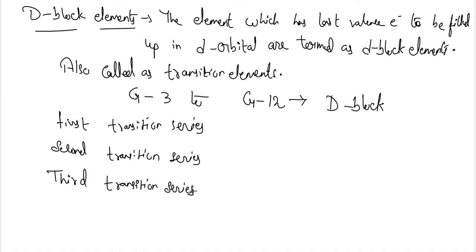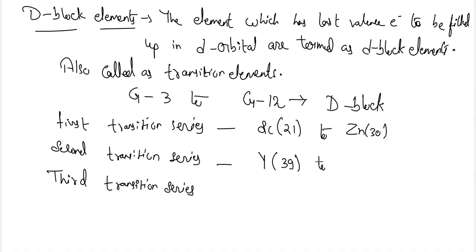The first series has the elements scandium 21 to zinc 30, 10 elements. Next is the second transition series, where we find yttrium 39 to cadmium 48.